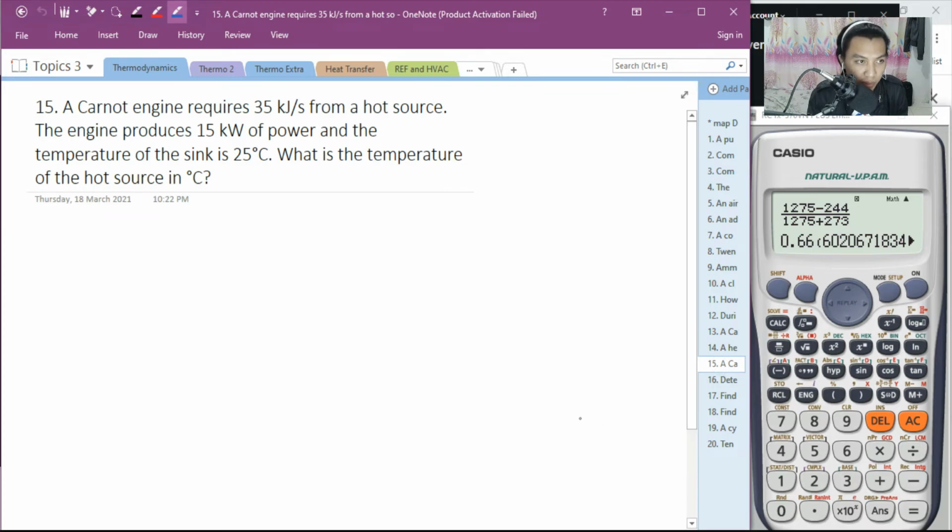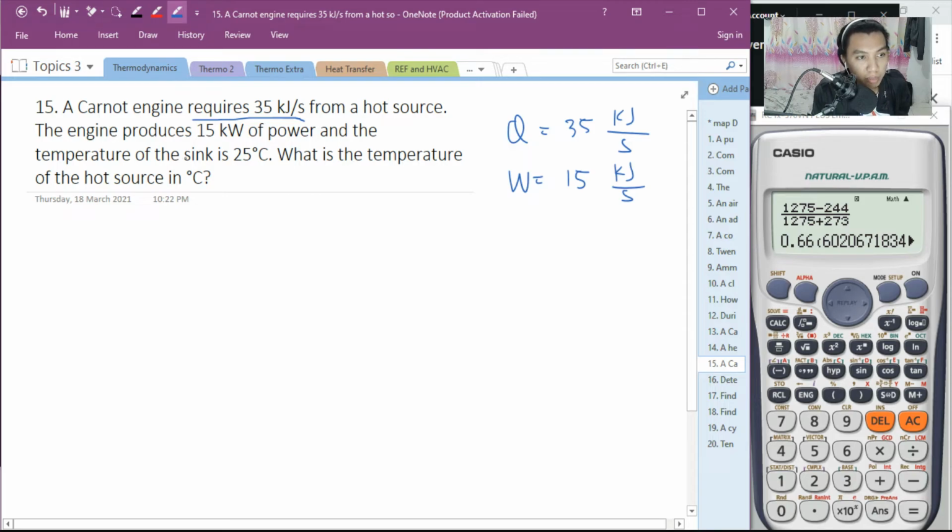How about number 15? A Carnot engine requires 35 kilojoules per second from a hot source. That is Q. The engine produces, o di ibig sabihin that is work, 15 kilojoules per second.